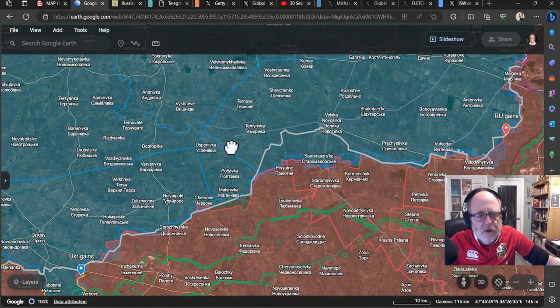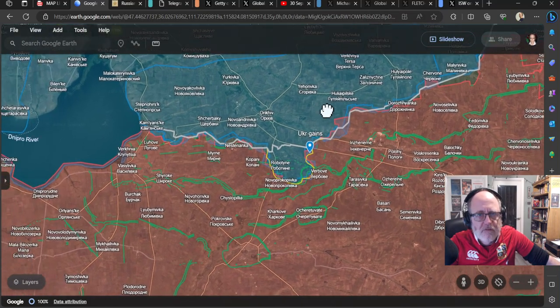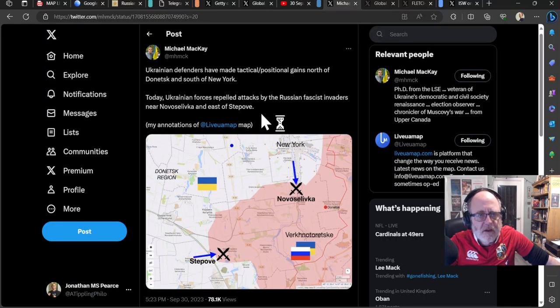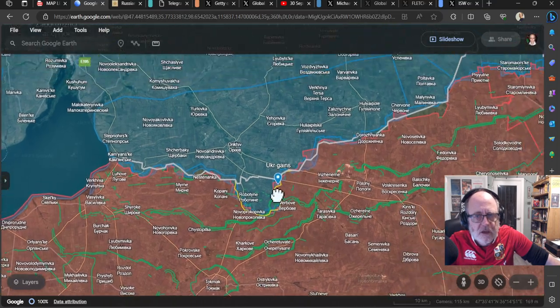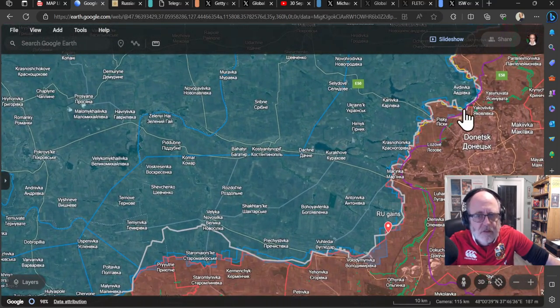Right, now we're going to come down to the Robotyne area, where a few of the sources are saying Ukrainian defenders have made tactical or positional gains north of Donetsk and south of New York. So that is actually going further over to the Donetsk area. I've got that in the wrong place. That is over in this area that there could be some gains.